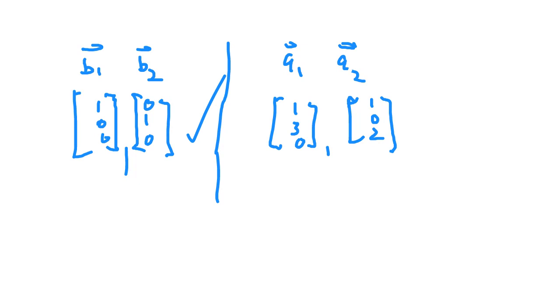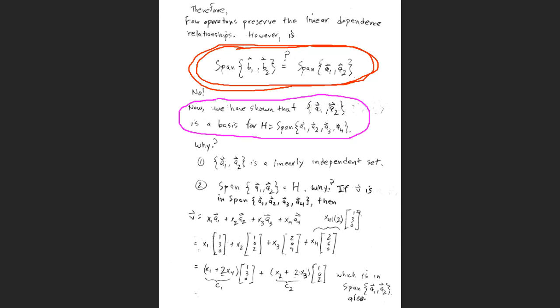So that being said, let me go back to the thing here because I want us to finish this. Yeah, this is where we were. Of course, the span of vectors b1 and b2 is not the same as the span of vectors a1 and a2.